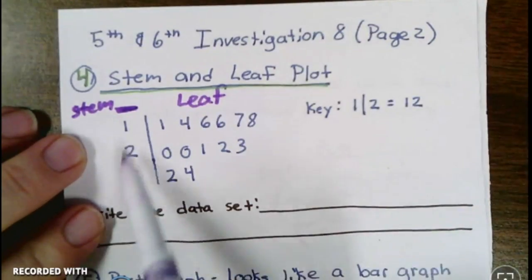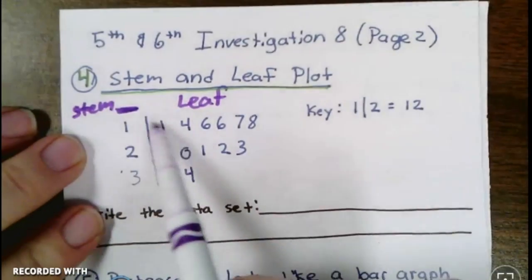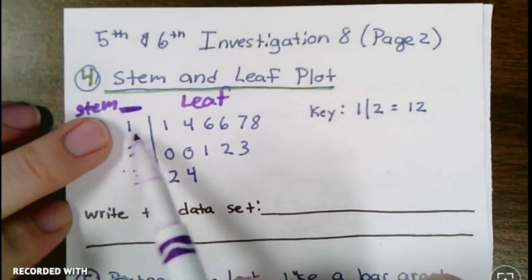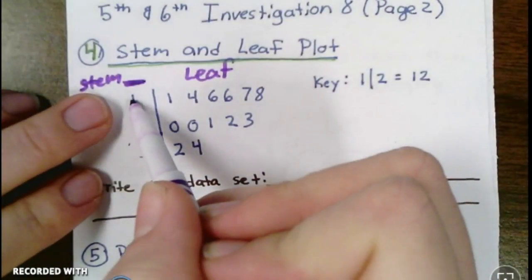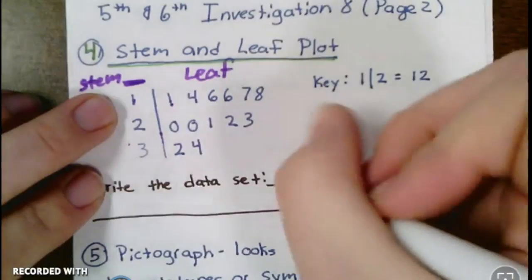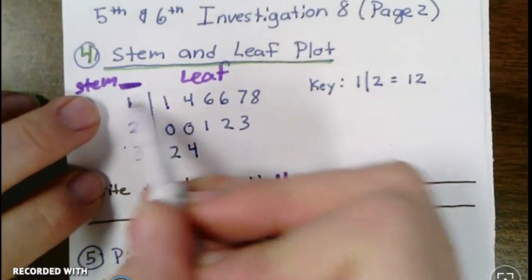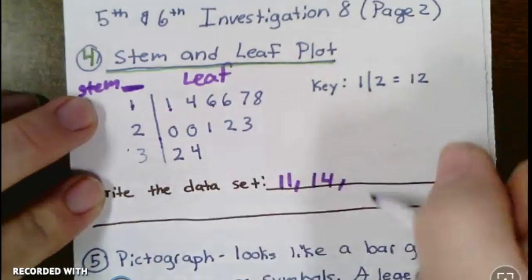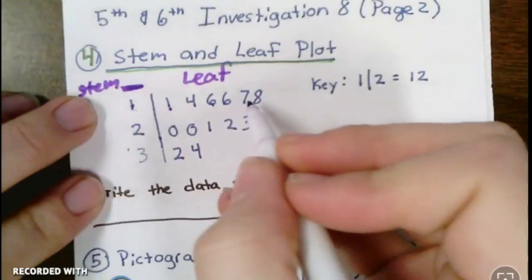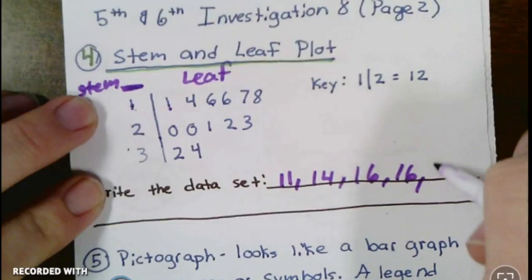So this is basically our tens place, and these are all the ones. So if I were to write this data set, the first number is a 10 of a 1 and then a 1, which is 11. This number would be 14. This number would be 16. 16 happens twice. Then 17.